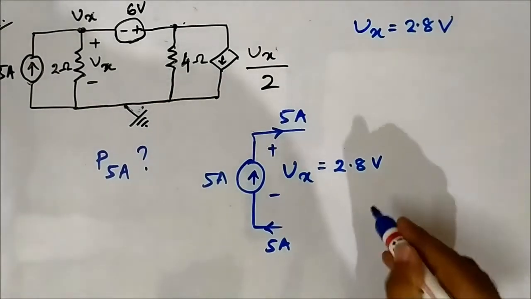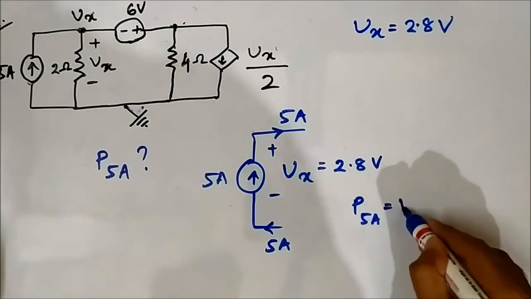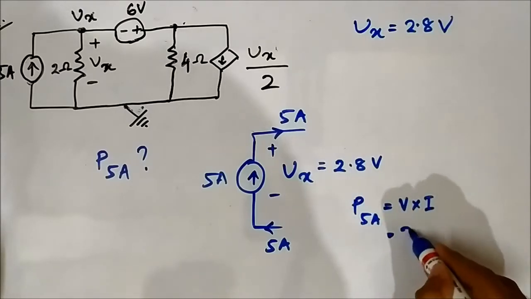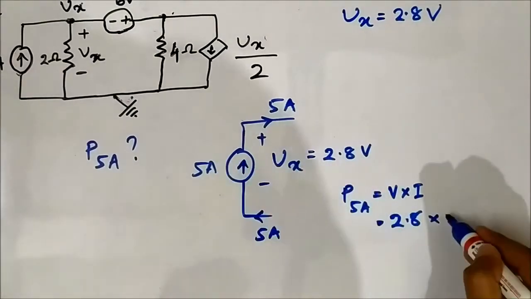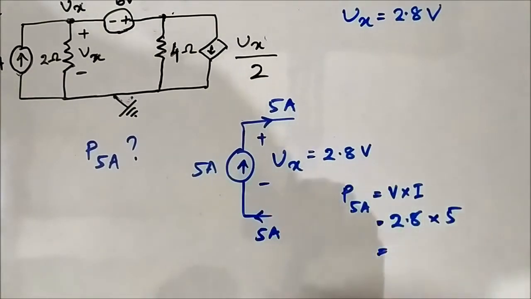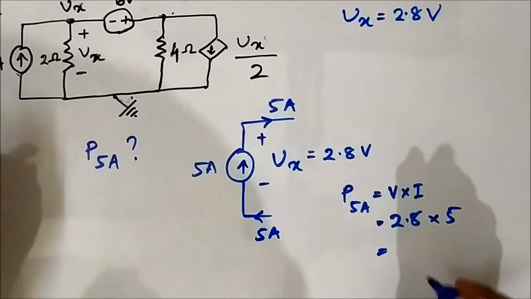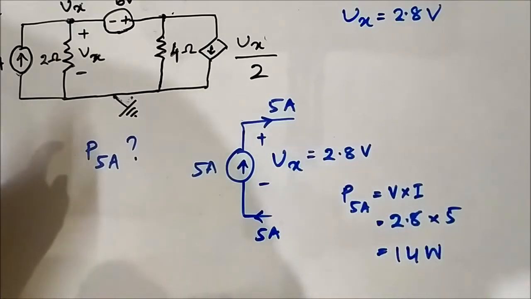So the power here, P5A, is equal to voltage into current, which is 2.8 into 5, which is 14 watts.